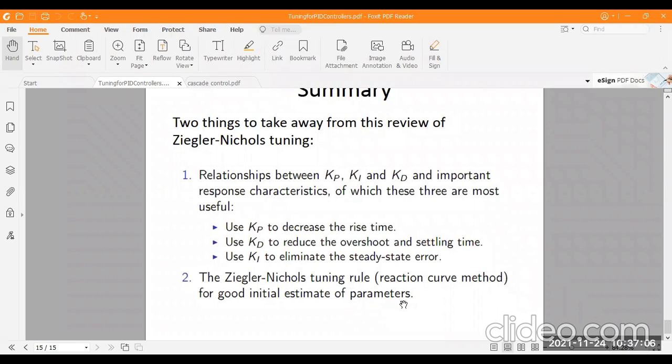After this tuning, we apply it in different controllers: cascade control system, feed forward control system, ratio control system, and so on. There are lots of control systems where we have to apply a controller.